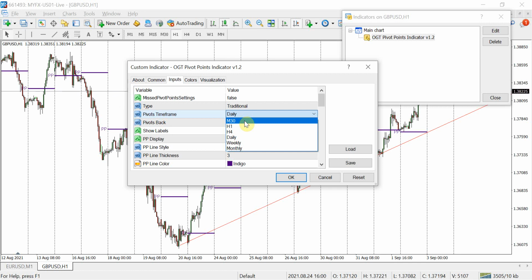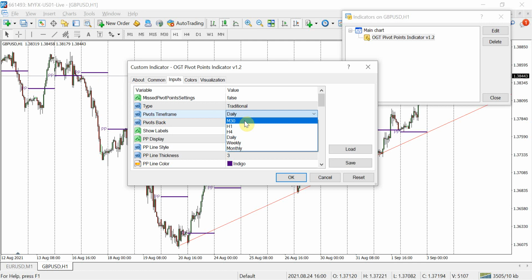The version 1.1 video goes through this in a bit more detail. What this does is show you what the 30-minute pivot would look like, and you can use that in the same way you'd use regular pivots. And as you'll see when you select that setting, it does get hit the majority of the time from a daily pivot perspective or a 30-minute pivot perspective. So that was the game changer in version 1.1.